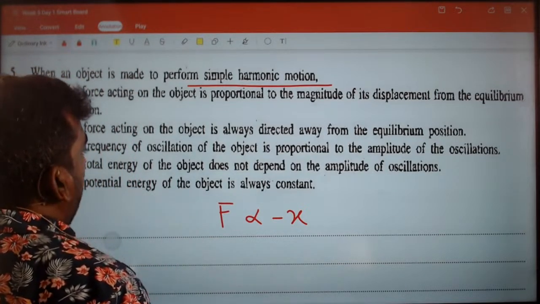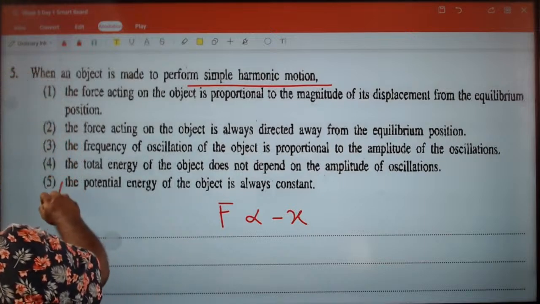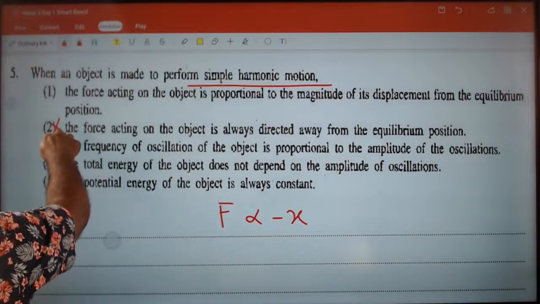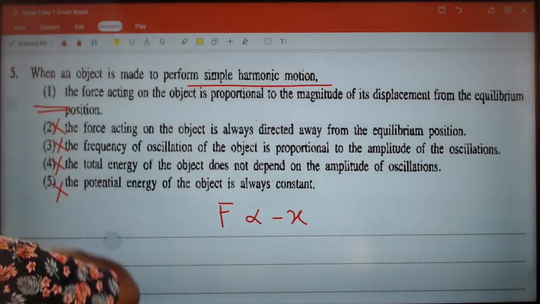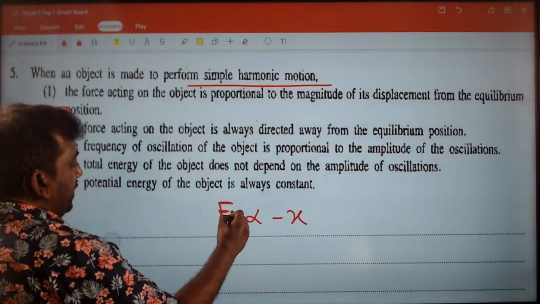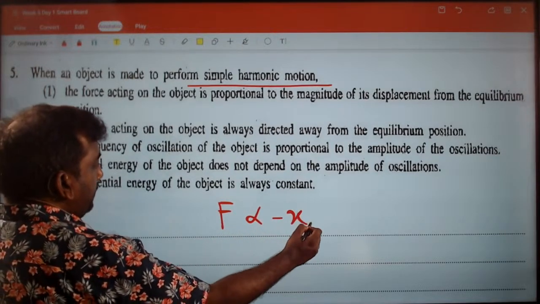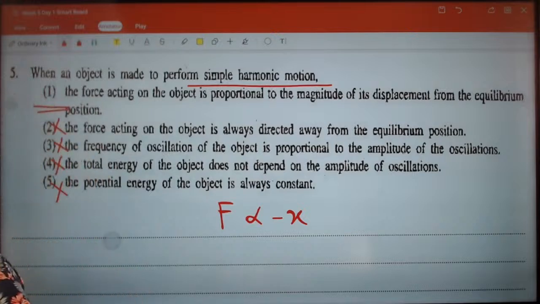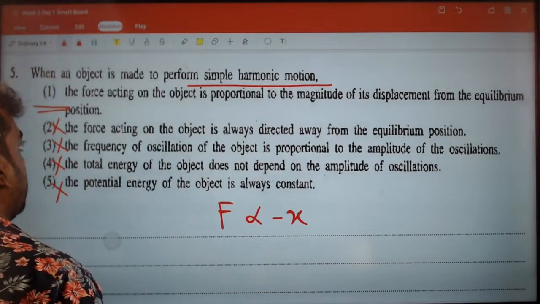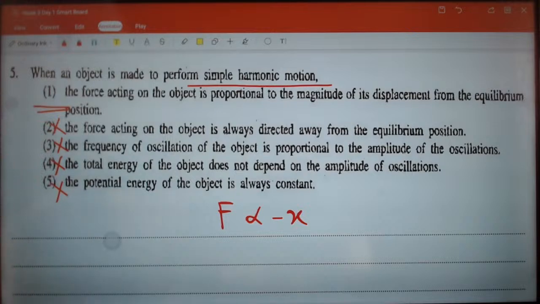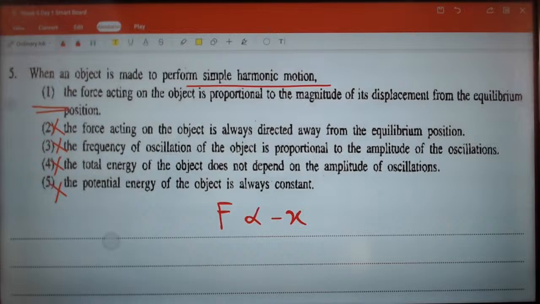Potential energy of the object is always constant. The others are wrong. So remember, force is proportional to the displacement and the force is always directed towards the center of oscillation. So we can say the answer is answer number 1.